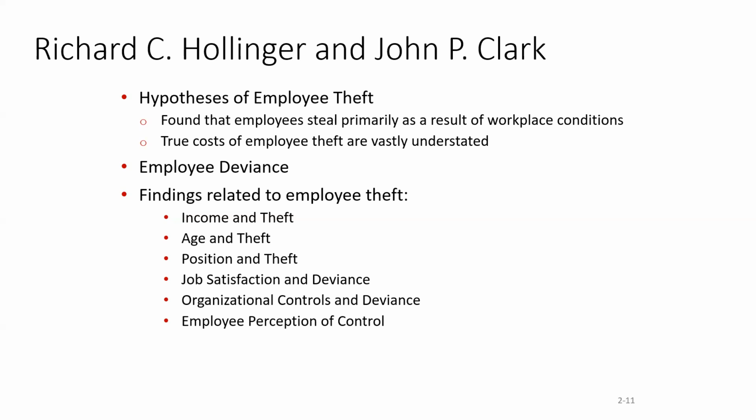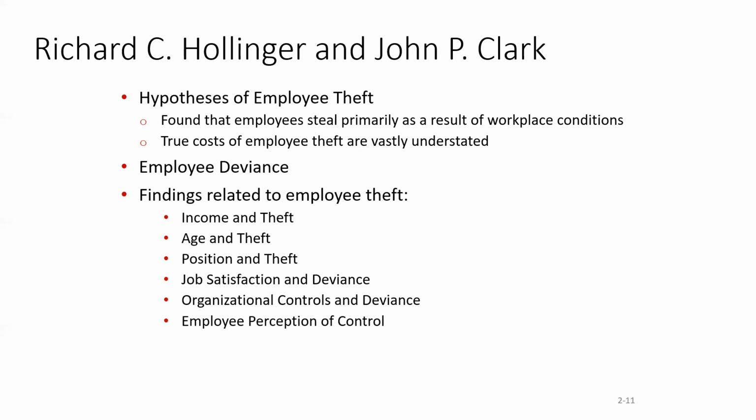Hollinger and Clark were unable to document a strong relationship between controls and deviance in their research. They examined 5 different control mechanisms: company policies, selection of personnel, inventory control, security, and punishment, and they could not find a strong relationship between those controls and deviance.